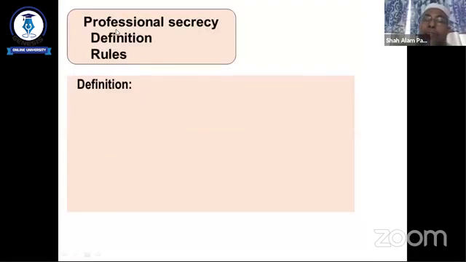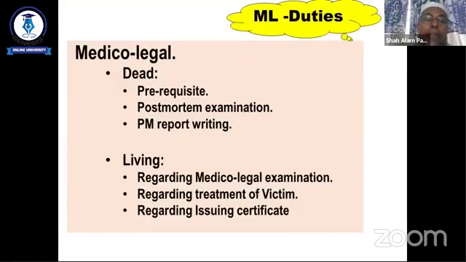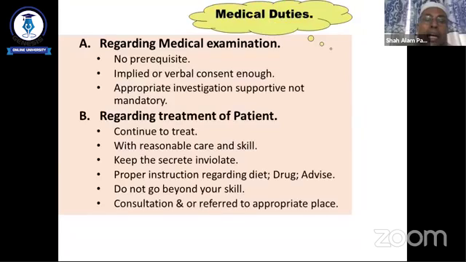Professional secrecy. This is a term in the medical duties. We already told you, regarding treatment of patient, continue to treat with reasonable care and skill, keep the secrets inviolate.